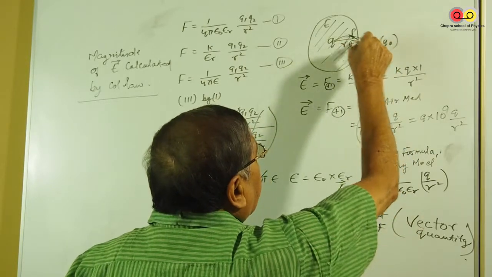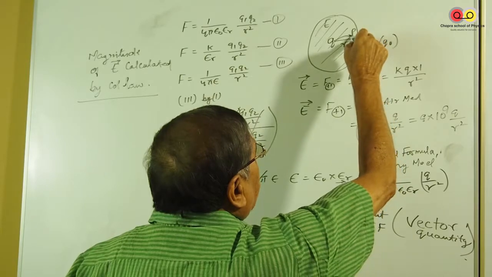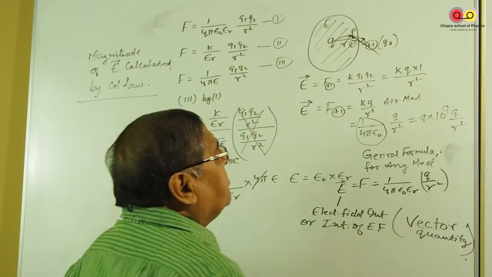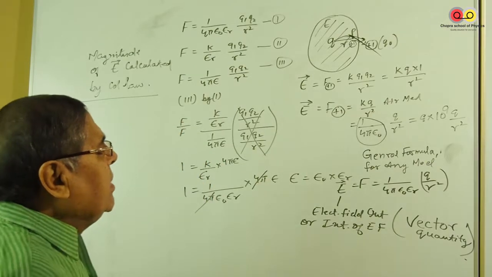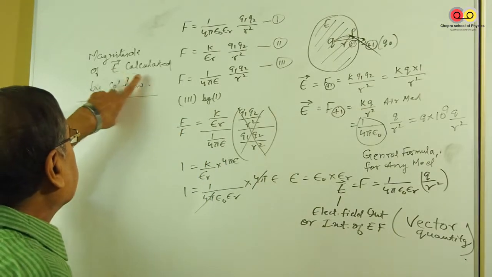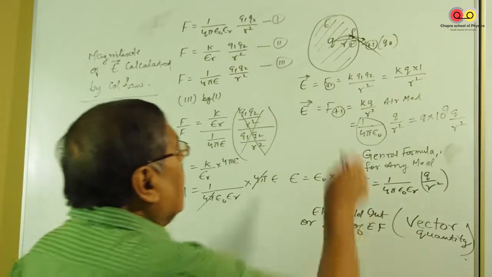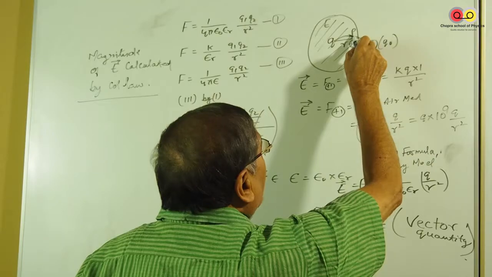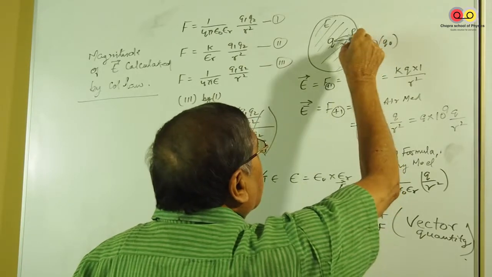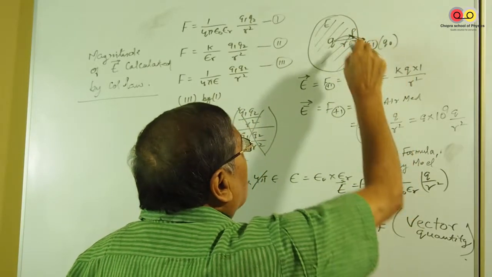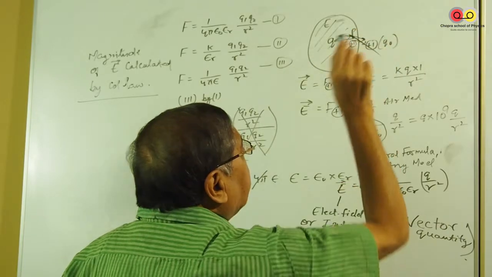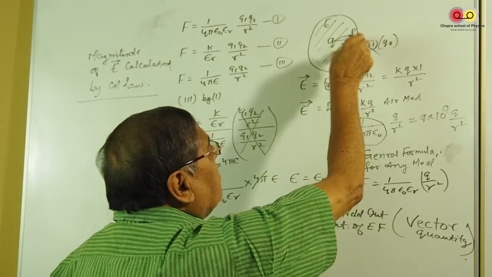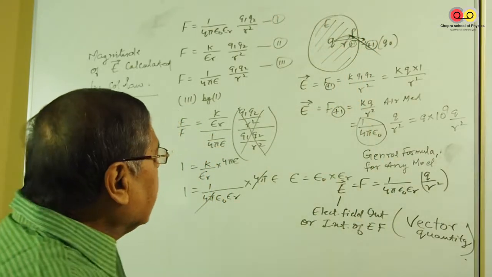So the magnitude of the electric intensity is given by Coulomb's law, and the direction is estimated by selecting a point on the electrical line of force and then drawing a tangent. On a curve at one point only one tangent can be drawn, and the direction of that tangent will be the intensity of the electric field.